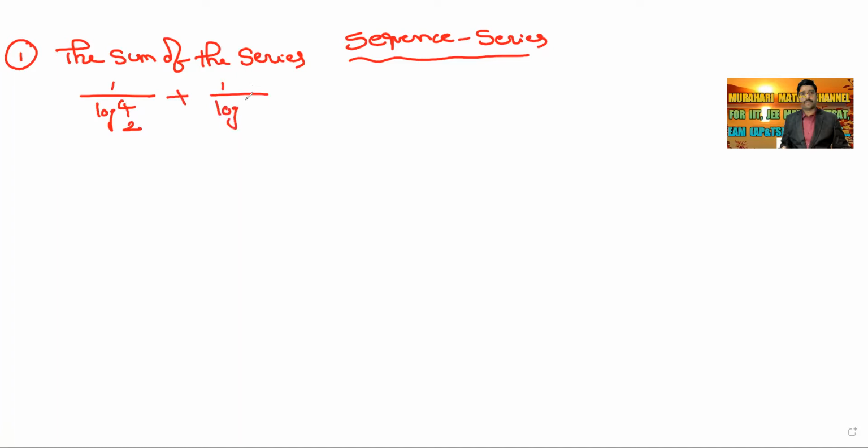The sum of this series: 1 by log 4 base 2 plus 1 by log 4 base 4 plus 1 by log 4 base 8 and so on, 1 by log 4 base 2 to the power n.